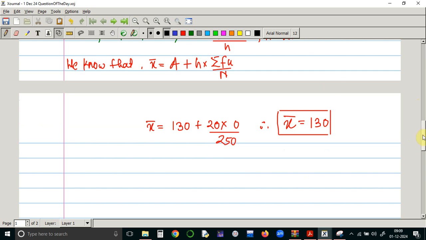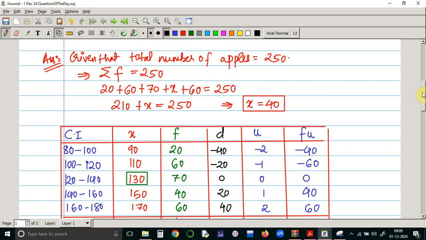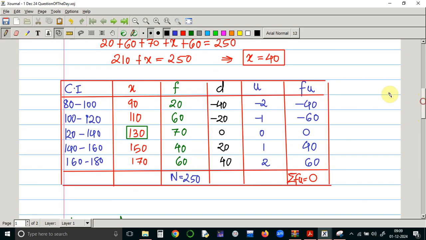Now we have to find the mode for the given data. Now you have to observe the table and the frequency column. The highest frequency will decide the modal class. Search this frequency column. The highest frequency is 70. This is the highest frequency, and the corresponding class in front of it is my modal class.